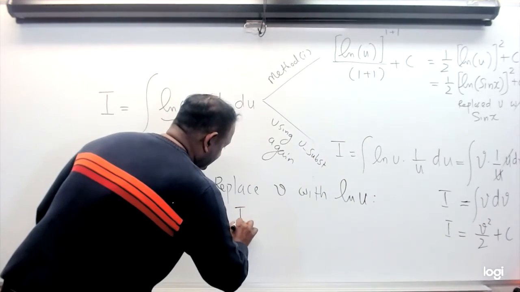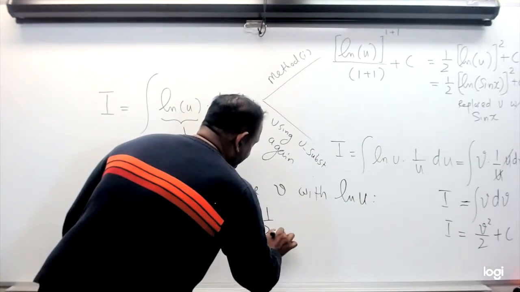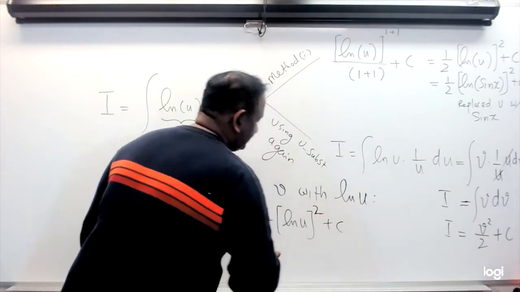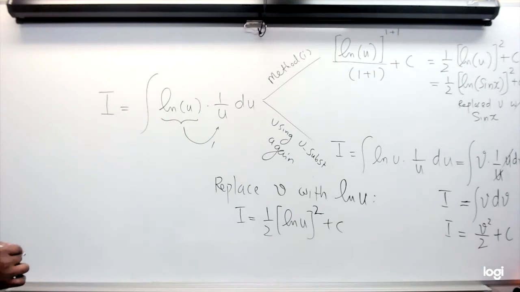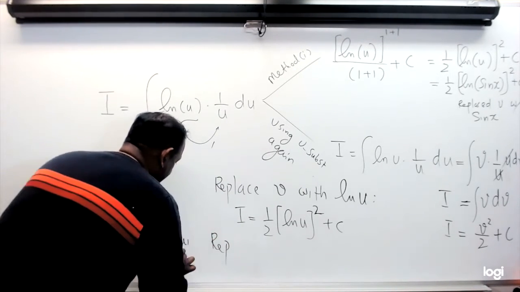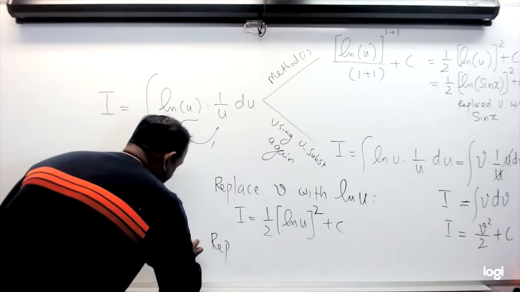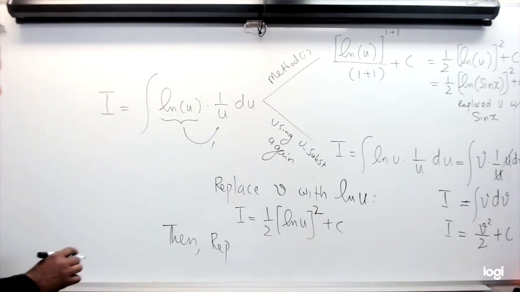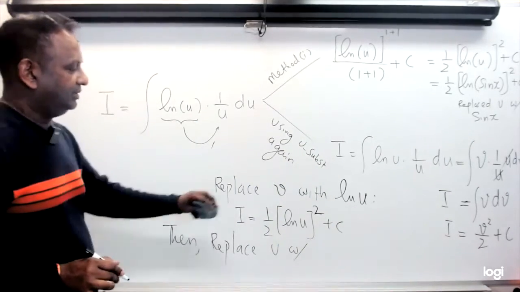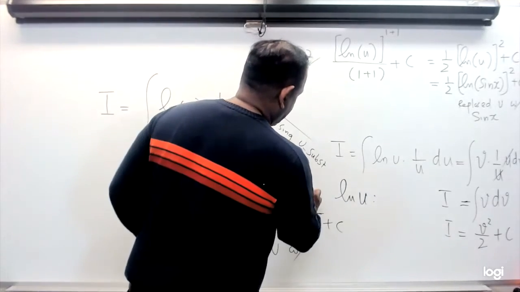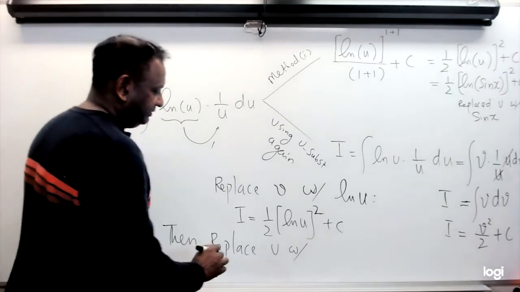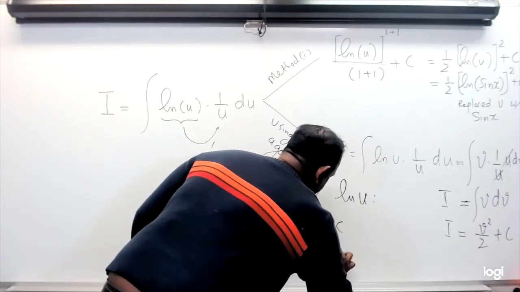Then you get I equals 1/2 ln u whole thing squared plus c. Then replace u with sine x.